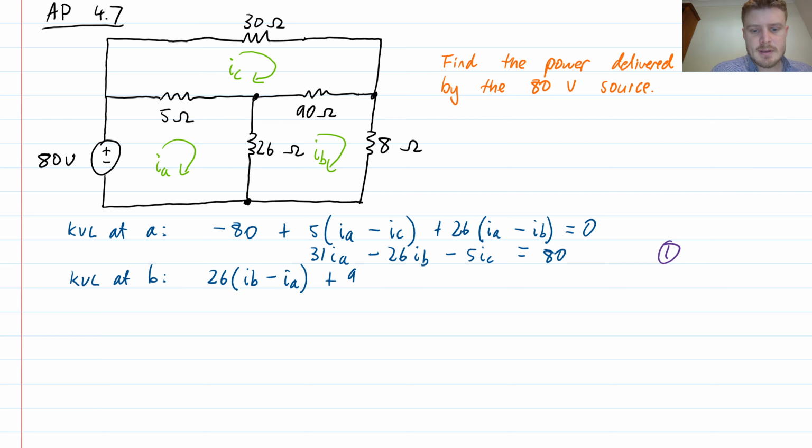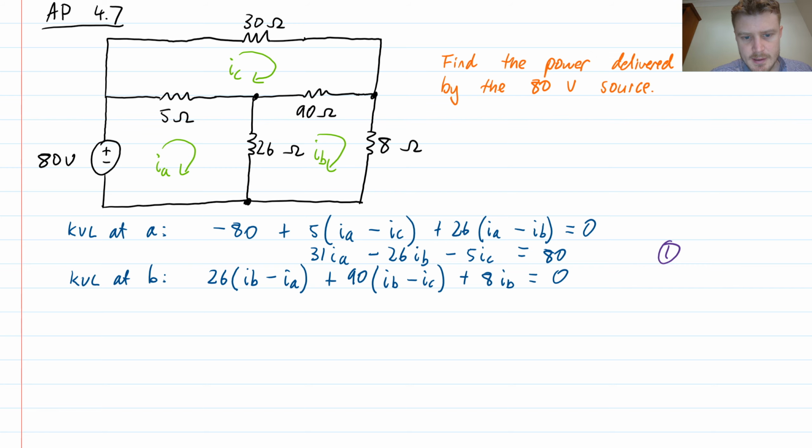The next one will be the 90 ohm resistor, so 90 times IB, and looking at the arrows, that will be minus IC. IC will be in the opposite direction than IB at that point in the circuit. Finally, 8 times IB is equal to 0.